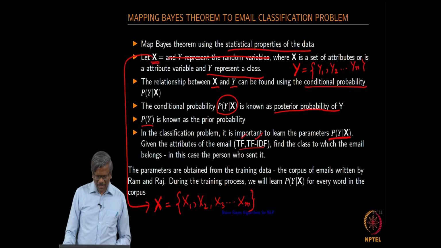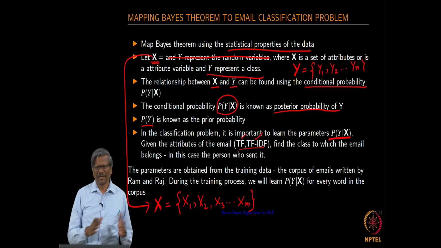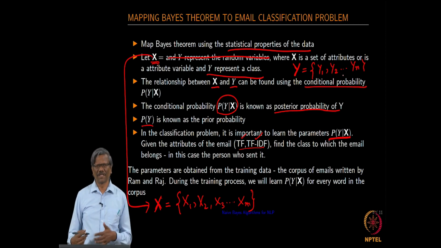Okay. So, what we want to find out is, given this set of data and having all the attributes for each of the data that we are going to be using, to which class a new document that comes in belongs, right.